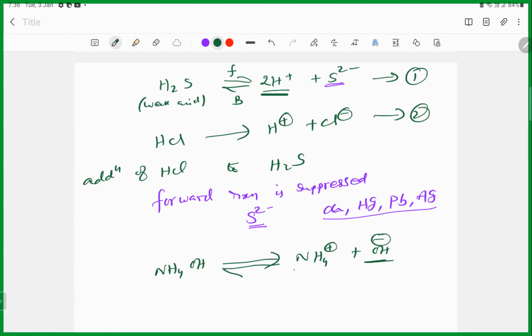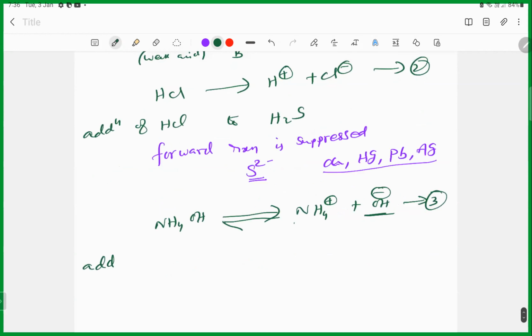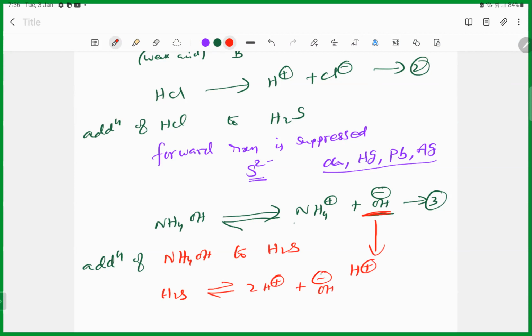Addition of NH4OH to H2S: H2S gives 2H plus ion plus S2 minus ion.